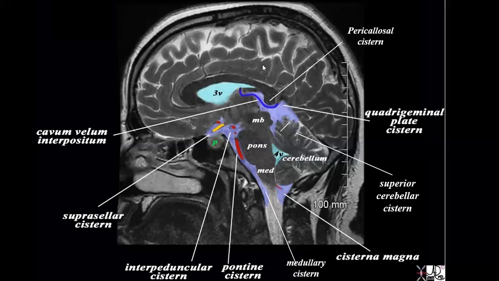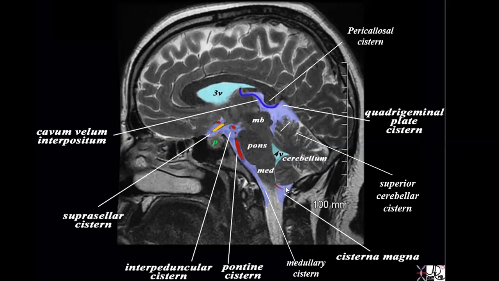Sagittal T2 image in midline showing also midline cisterns: premedullary or medullary cistern anterior to the medulla, pontine cistern anterior to the pons, interpeduncular cistern anterior to the midbrain, suprasellar cistern superior to the pituitary gland, pericallosal cistern surrounding the corpus callosum, superior cerebellar cistern superior to the cerebellar vermis, quadrigeminal cistern posterior to the quadrigeminal plate, and the velum interpositum cistern that contains the internal cerebral vein.